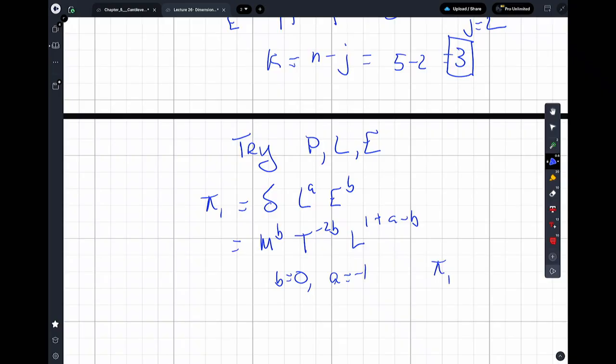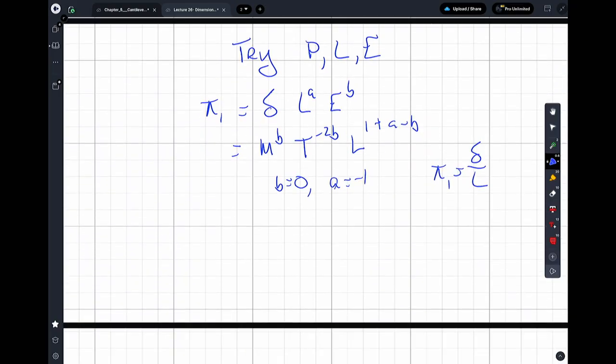So pi 1 is delta over L. Then pi 2 is P, L to the A, E to the B.